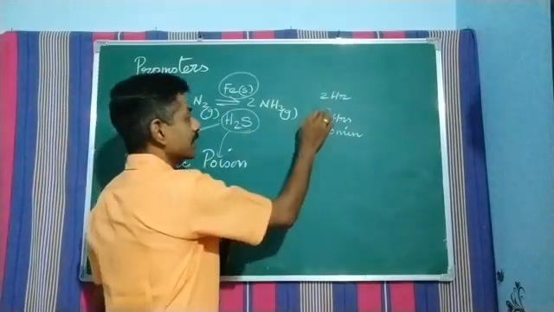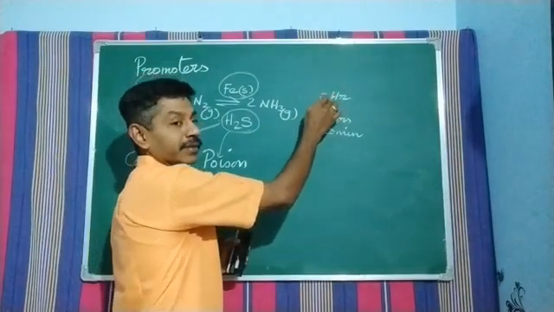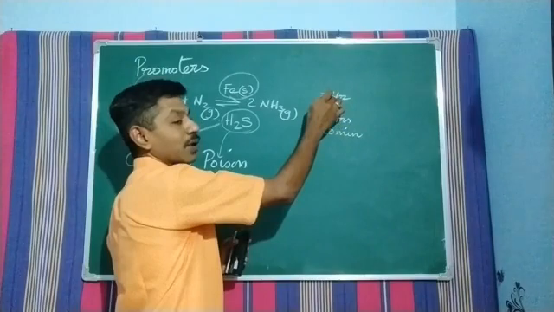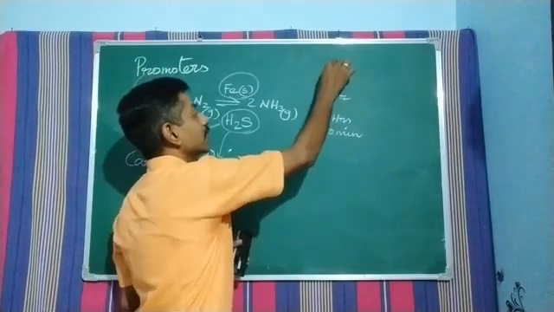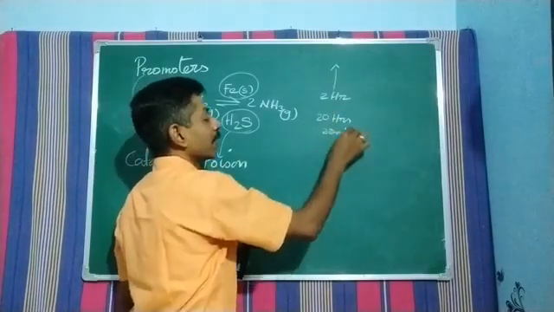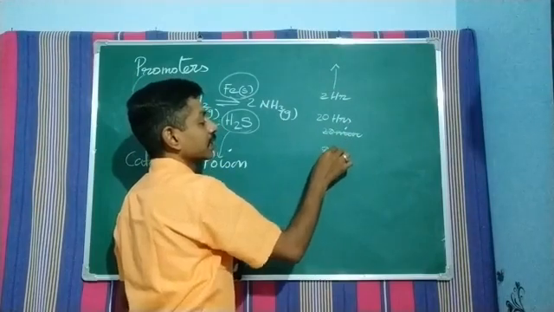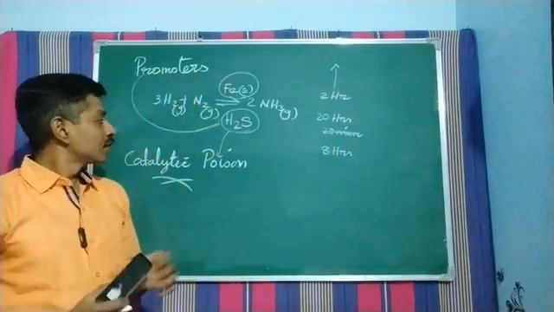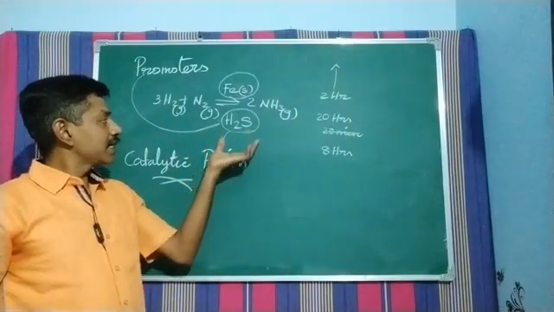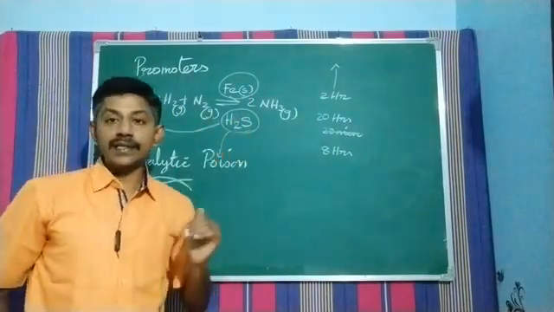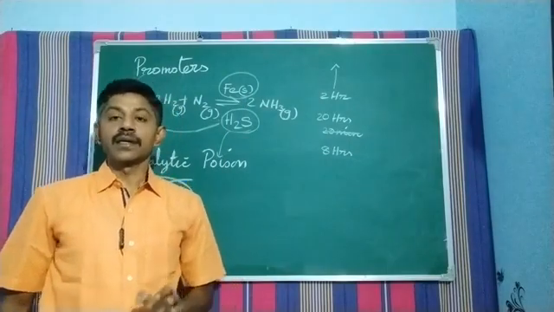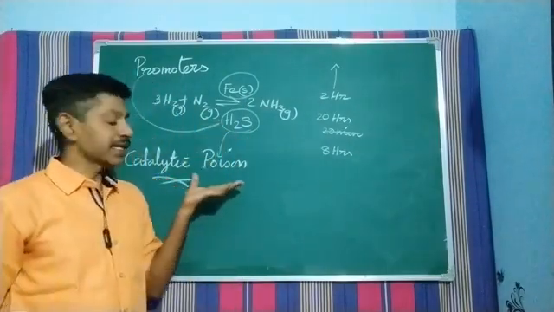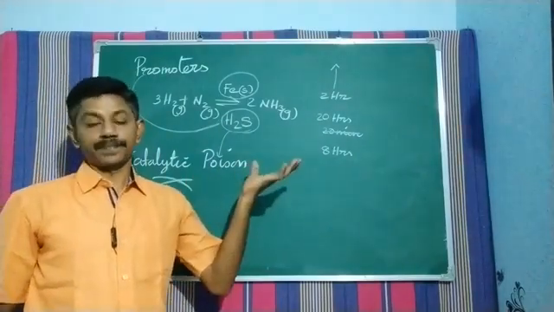Thereby, the time of 2 hours for ammonia preparation can be increased further. Maybe it may be obtained in 8 hours, for example. So a material which is added will go and decrease or retard the activity of a catalyst. Then we talk about catalytic poison.